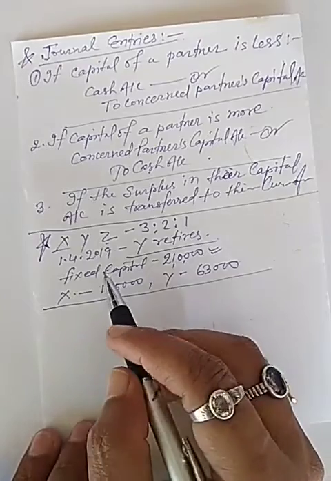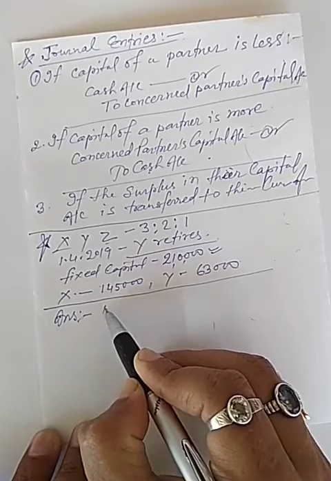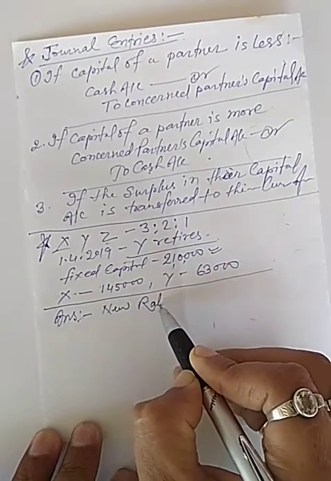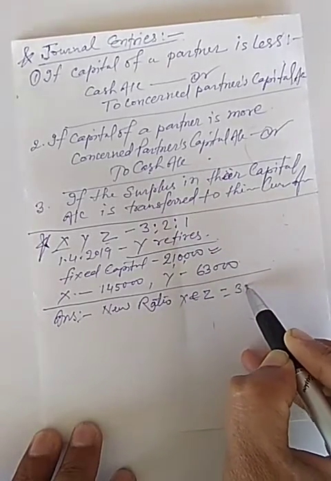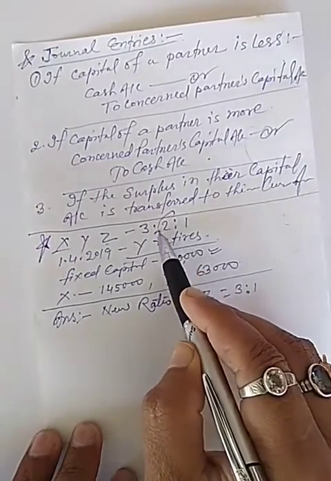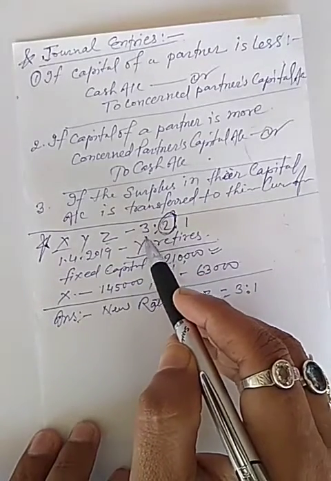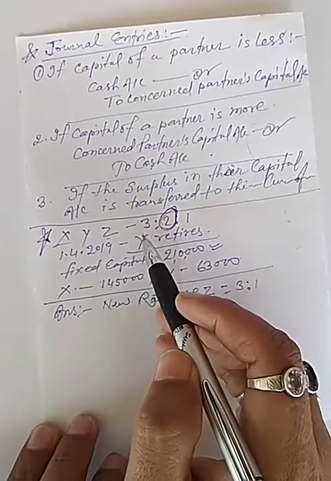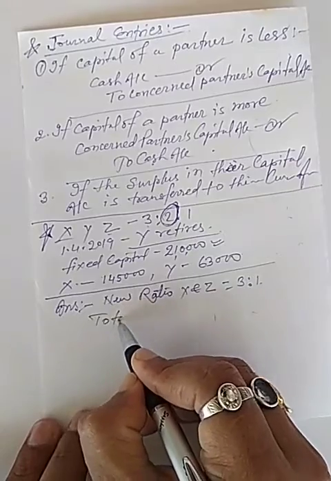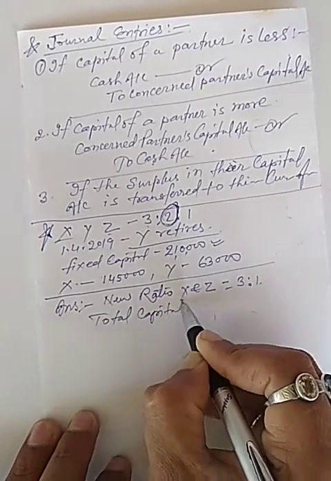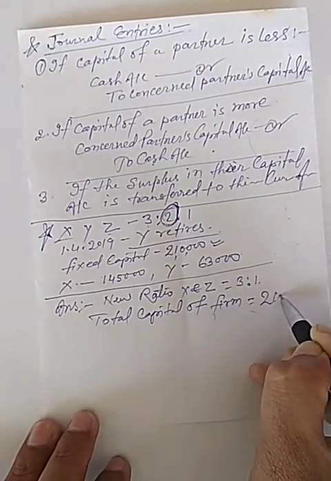First, the new ratio of X and Z will be 3:1, because Y retires and nothing is stated in the question. So the new ratio will be 3:1 and the total capital of the firm will be fixed at 2,10,000.